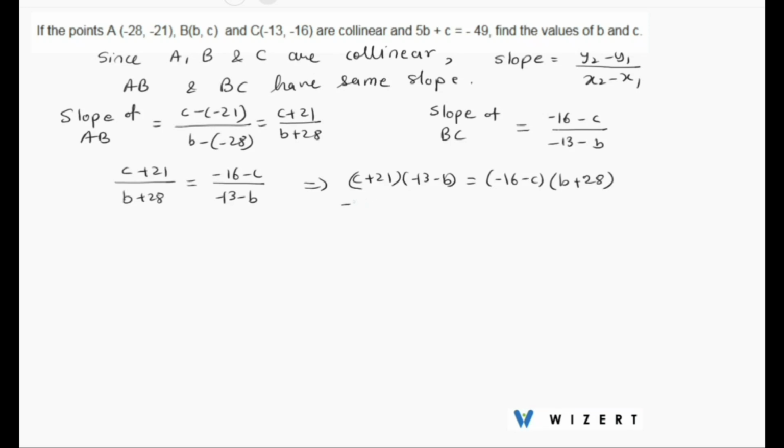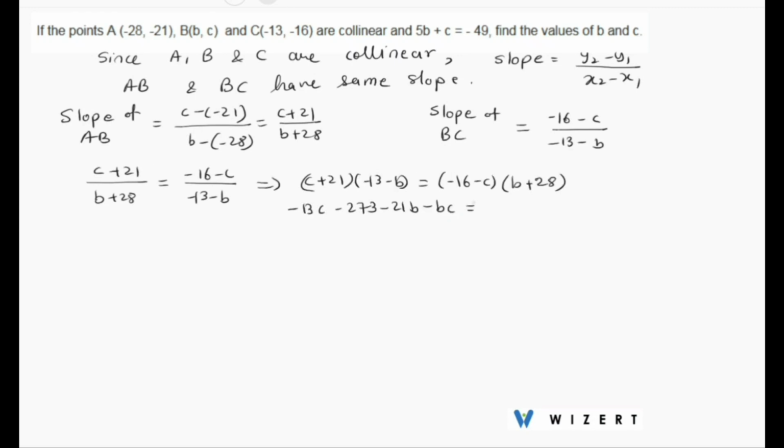So we have minus 13c, minus 13 ones are 13, 13 twos are 26 plus 1 is 27, so minus 273. Then is minus 21b and minus bc.